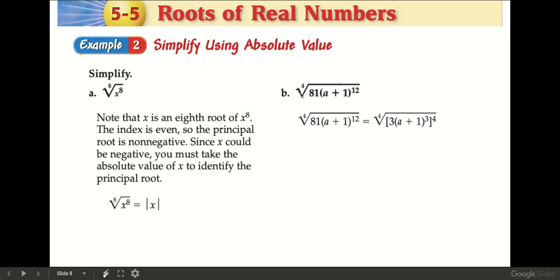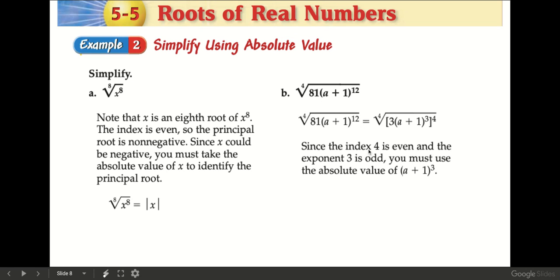Same thing here, right? We have the 4th root of 81 times (a plus 1) to the 12th, right? The 4th root of 81 is going to be 3, and then the 4th root of (a plus 1) to the 12th. So the index 4 is even, and the exponent of 3 is odd, so we must use the absolute value, right?